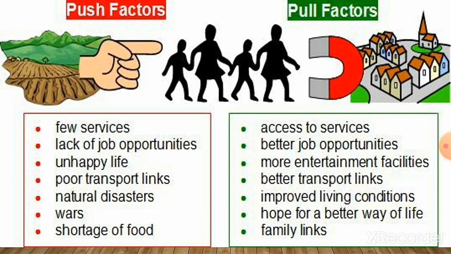The next is lack of job opportunities, but in the urban areas, better job opportunities are there. Then poor transport links, but in the city areas better transport links are present. Then shortage of food, family links, war, natural disasters, so many things come under the push factors.